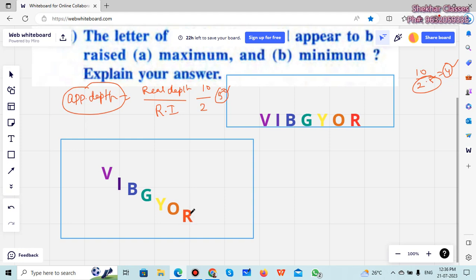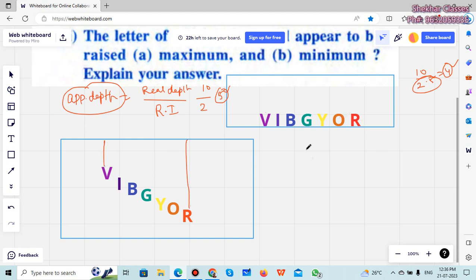Red has the highest velocity and less refractive index, so it will bend the least. If it bends the least, then the apparent height will be less. Is it clear?